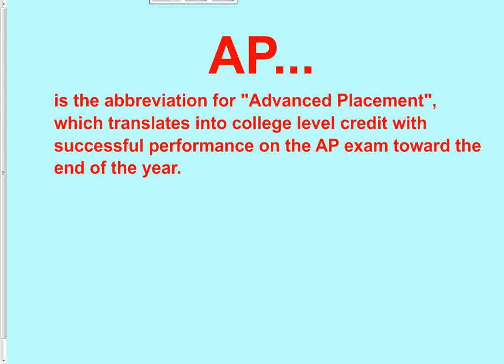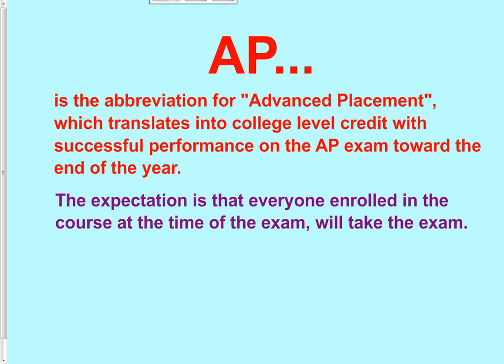So probably no new information there, and this is just to make sure that we understand the expectation is that everybody that is enrolled in a full-blown AP course will in fact be taking the AP exam at the end of the year. So not an issue where people decide, yes, I want to take the test, or no, I don't want to take the test. It is expected that if you spend the year doing Calculus BC AP, you will be taking the exam.